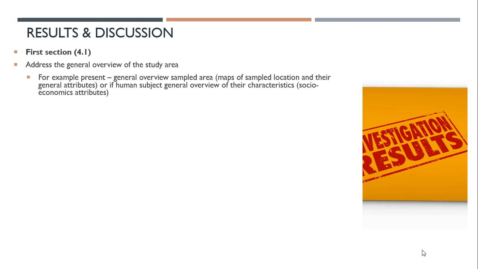So, for example, if I use a questionnaire and I ask questions about the characteristics of the people, the socioeconomic circumstances, and things like that. So, in my first section, the 4.1, I may address these general characteristics of the respondent.